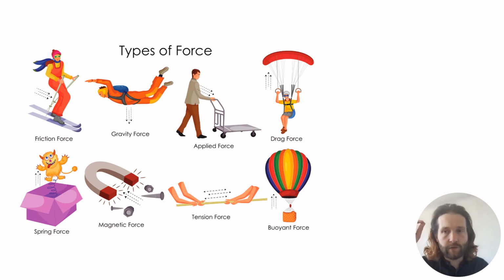So let's kick things off by understanding what forces actually are. Simply put, forces are pushes or pulls that can change the state of motion of an object. But how does that apply in the real world?